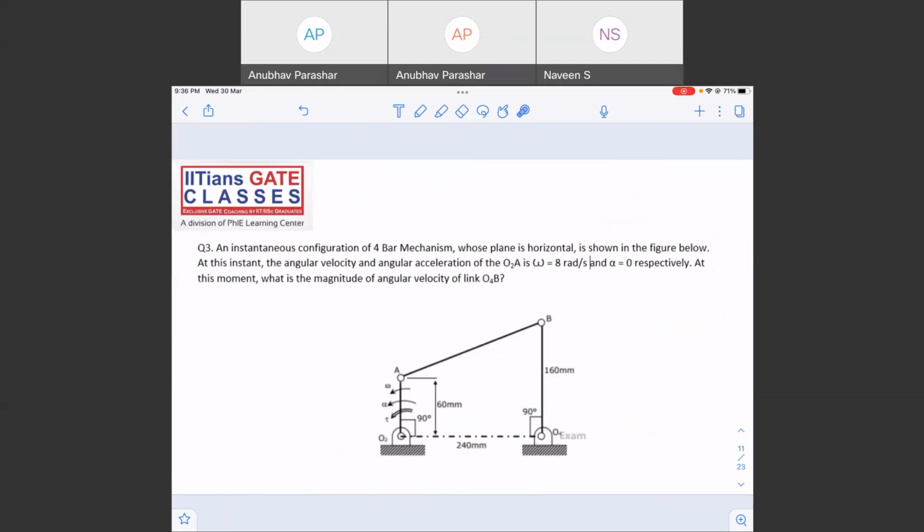Try to solve this question. At least find the I centers. What is given? Very easy actually. Directly you can find it out. Omega of O2A is given. You need to find out the angular velocity of O4B, exactly what you have discussed.